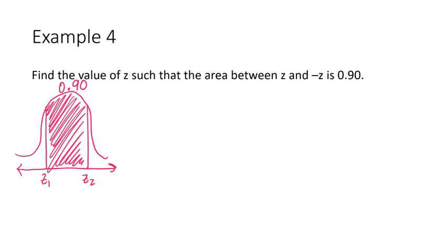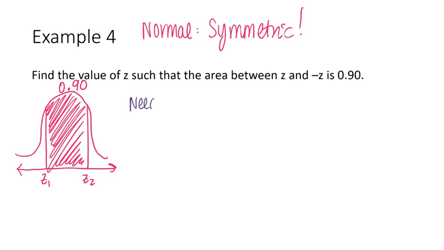Now, here's the nice thing about the normal distribution. It is symmetric. So if I need area left, I need the area left of that first z-score.